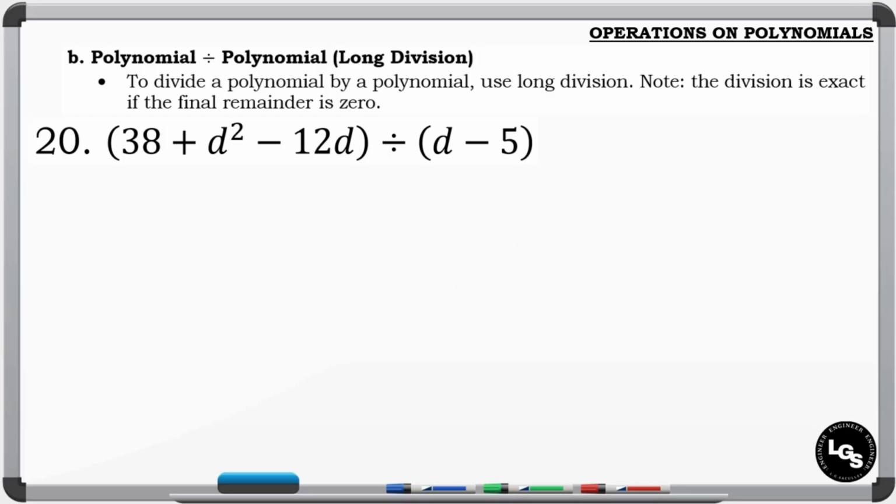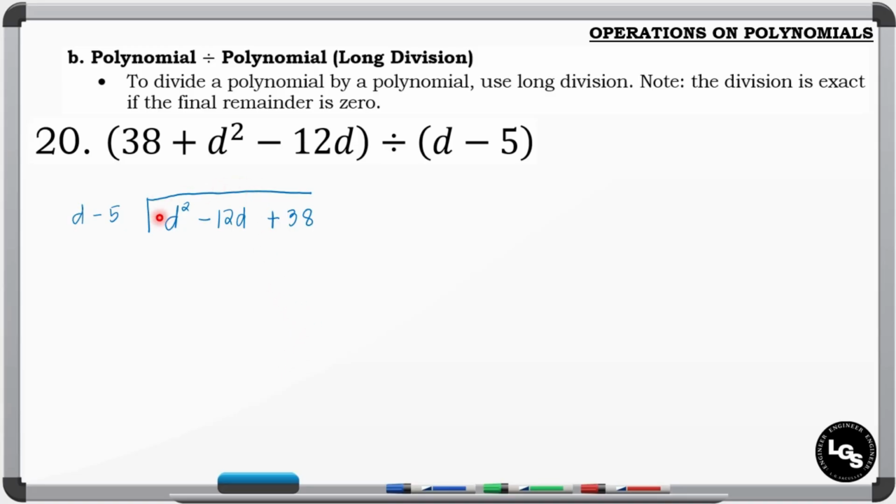So we'll write d squared, then followed by minus 12d plus the constant 38. Then we will use the division symbol, and we will write the divisor outside the division sign. The divisor is already arranged, so we will write d minus 5.